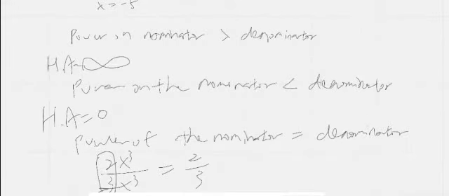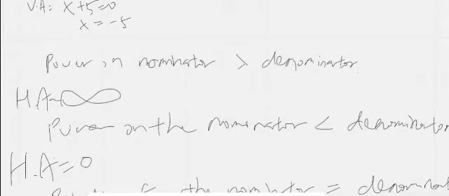And let's add some examples for the first one and the second one. For the power in the numerator being greater than the denominator, it will be something like 2x cubed over x, so just 2x squared, and it will become positive infinity.